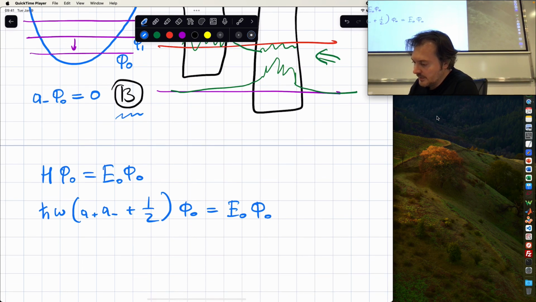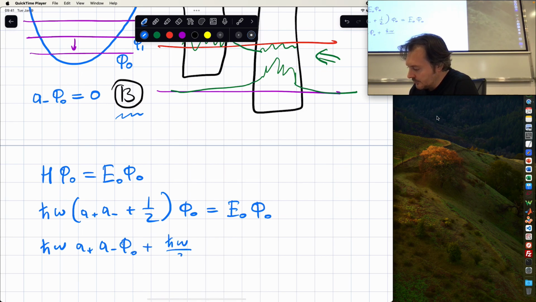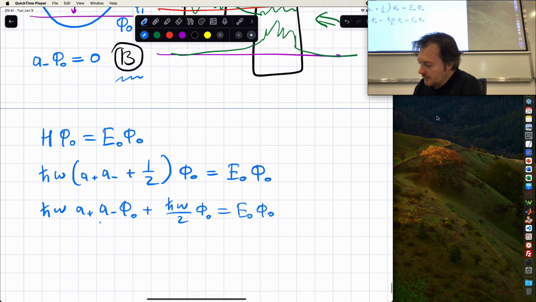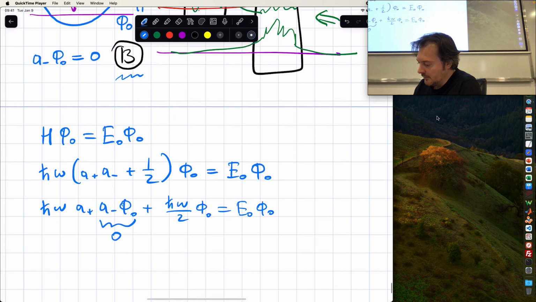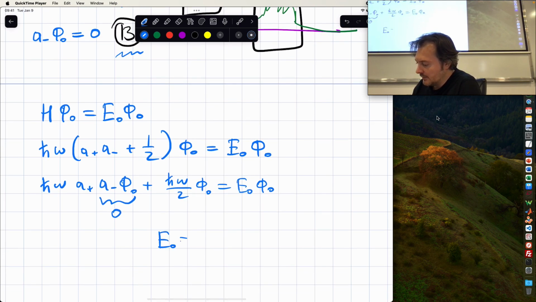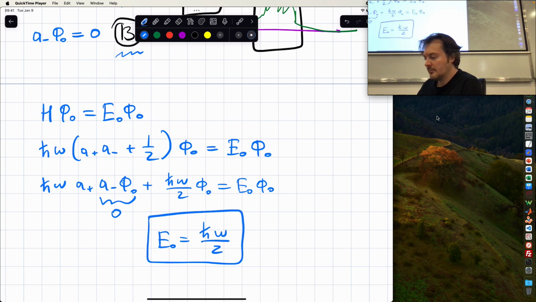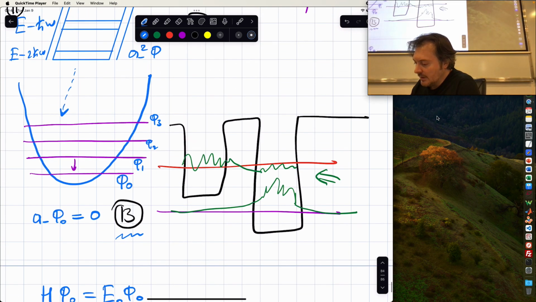A plus A minus phi 0 plus H bar omega over 2 phi 0 equals E0 phi 0. Do you see what this is? This is 0, which tells you that E0 is H bar omega over 2. So the bottom level apparently is H bar omega over 2.